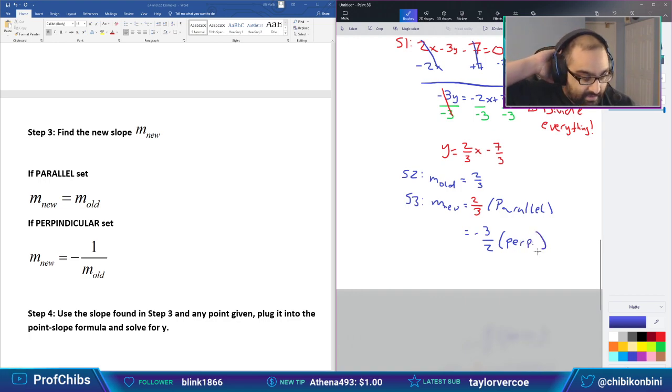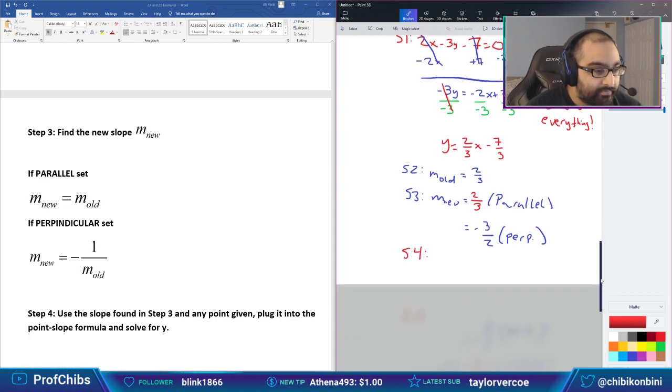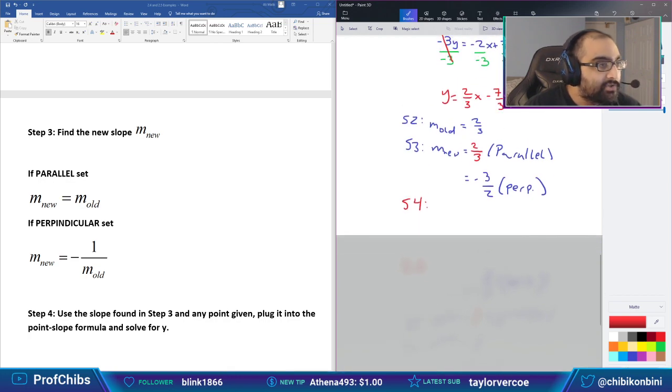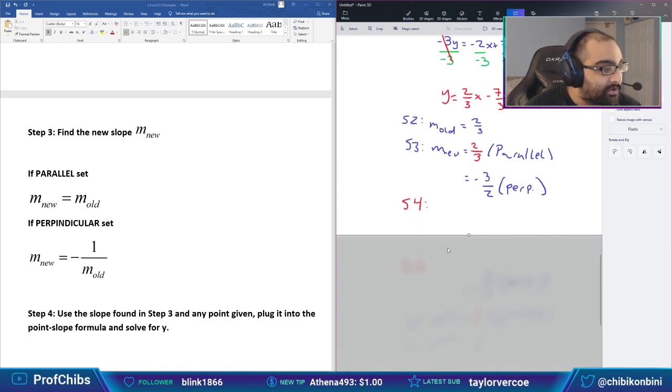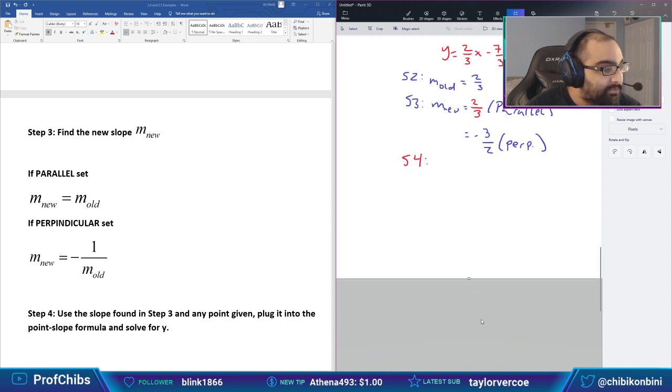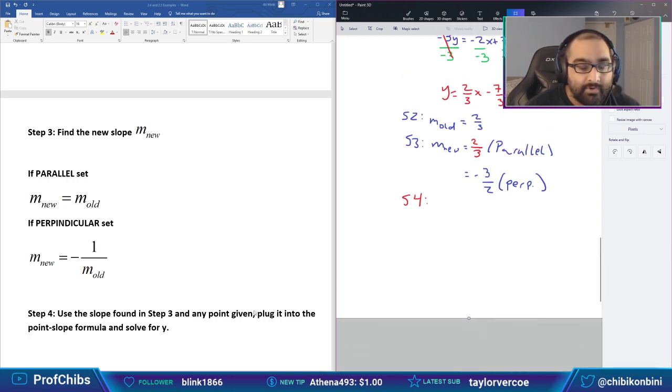Let's go to step 4. Step 4 says use the slope found in step 3, and any point given, plug it into the point slope formula and solve for y. So let's solve it for both the parallel and perpendicular case.